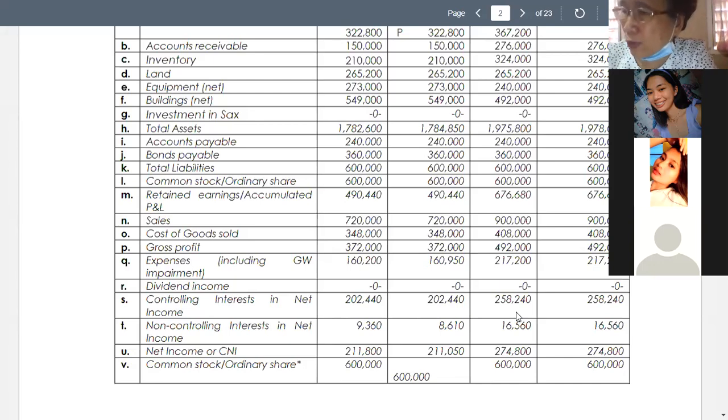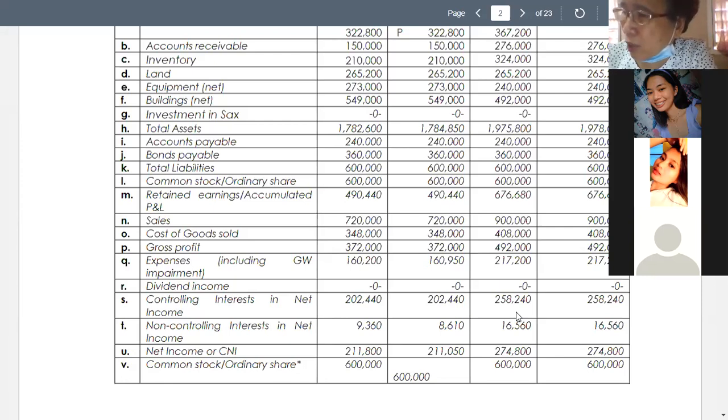So we get the total of 228,000. Then we deduct the non-controlling interest in net income, 9,360 that we have computed earlier.